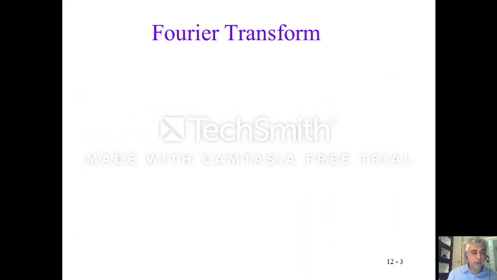So let's go into details of the Fourier transform. To start the discussion, let us define a time domain signal x of t. Here the signal x is a lowercase letter, and we denote the Fourier transform by the symbol F accompanied by an arrow.